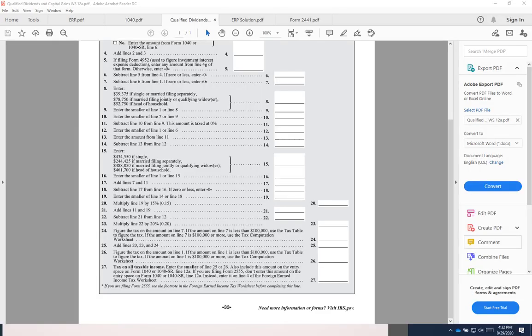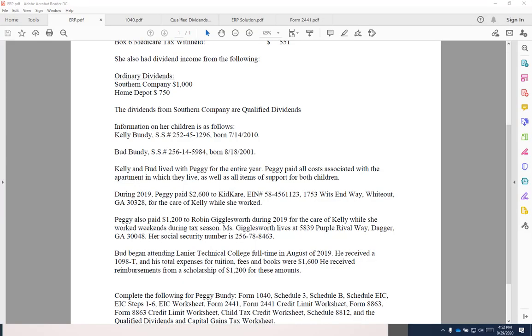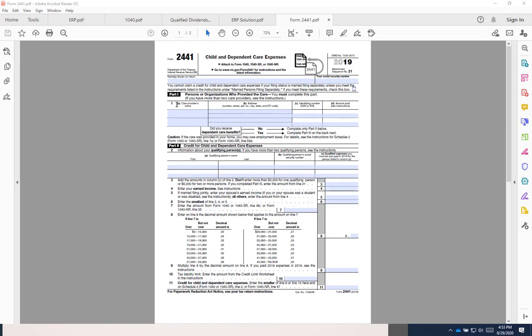Is there child and dependent care credit in this problem? Right here. If there is, then fill out Form 2441. List the 2 care providers here, the address, social security number, and the amount paid. See how much those are and how much is the qualified expenses.